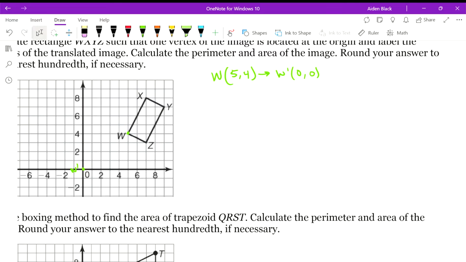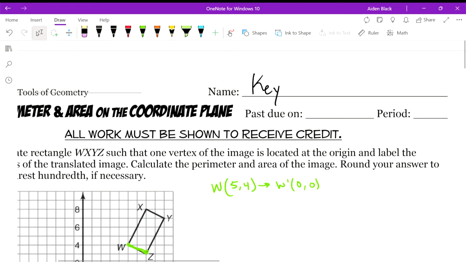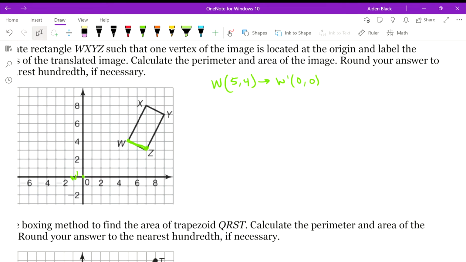We can then find side lengths like YZ using the distance formula, which I'll just write up here. It's x2 minus x1 squared plus y2 minus y1 squared.